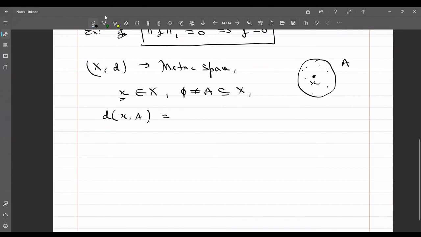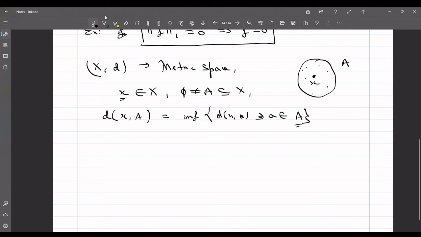But in this case, what we take into consideration is the infimum of all the distances possible. So infimum d(x, a) for all a such that a belongs to the given set.